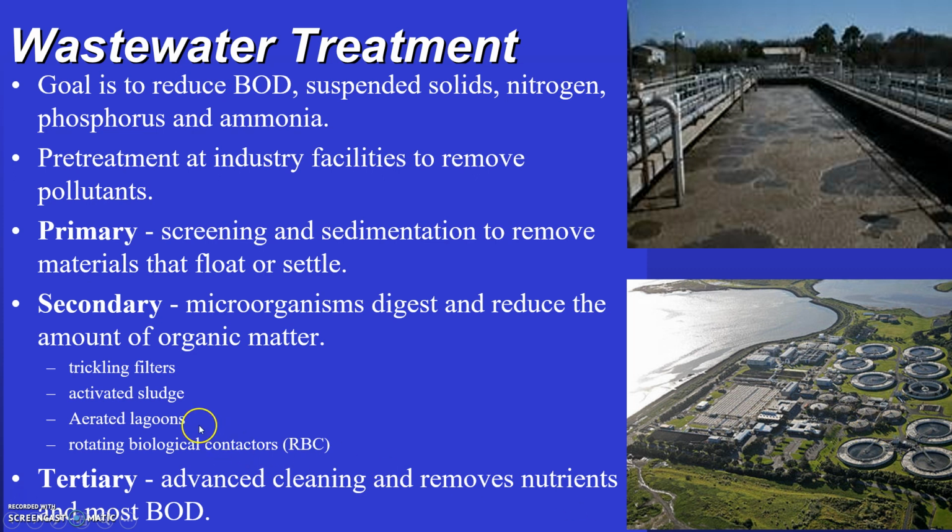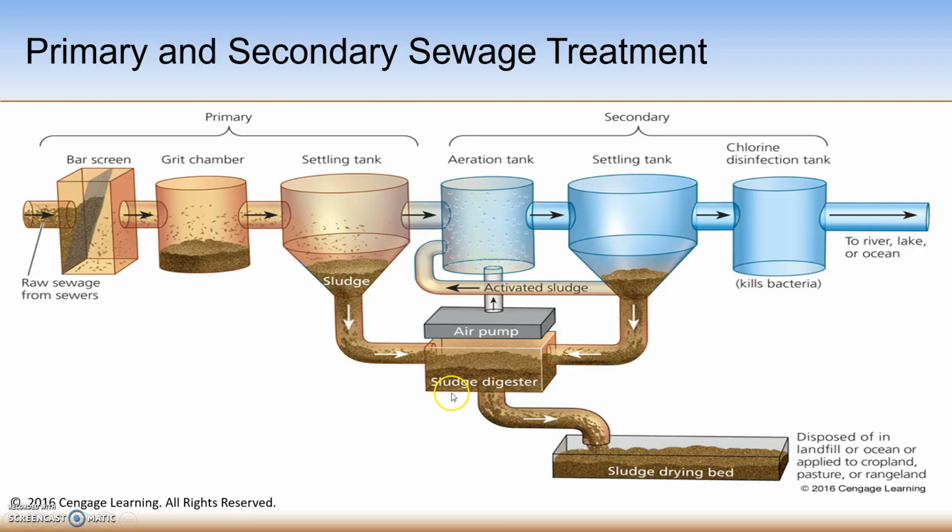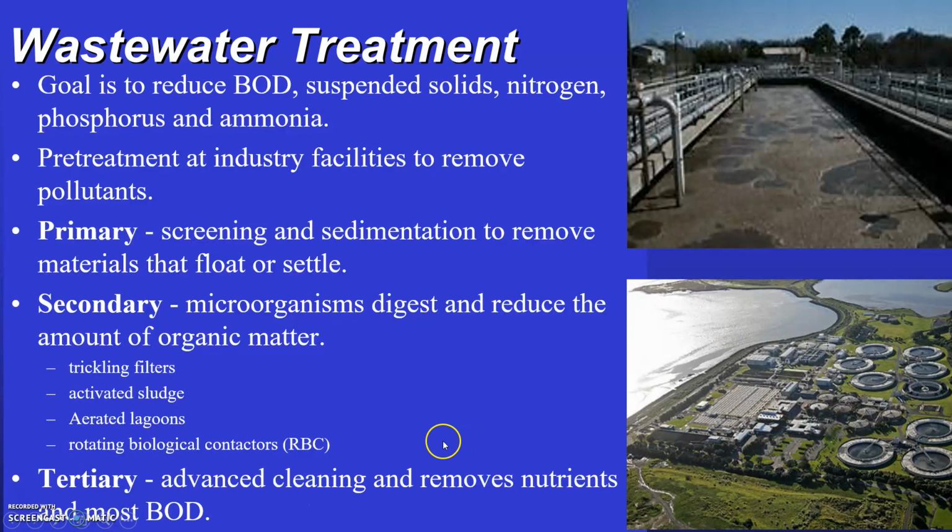There's aeration lagoons, which is depicted here in this picture, as well as rotating biological contactors, or RBCs. A third level of treatment includes the tertiary treatment, and this is where advanced treatment is done to remove nitrogen and phosphorus nutrients and most of the biological oxygen demand, or biochemical oxygen demand.